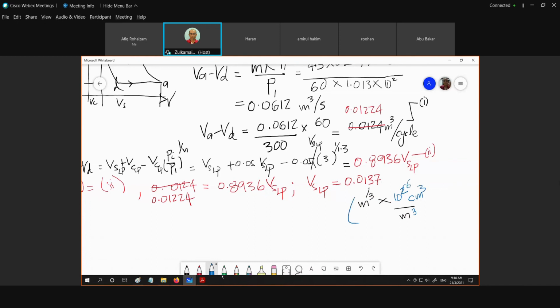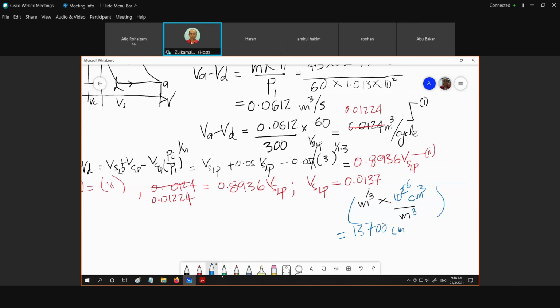Okay. So 0.0137 kalikan dengan 10 kuasa 6. 13700 centimeter cube.